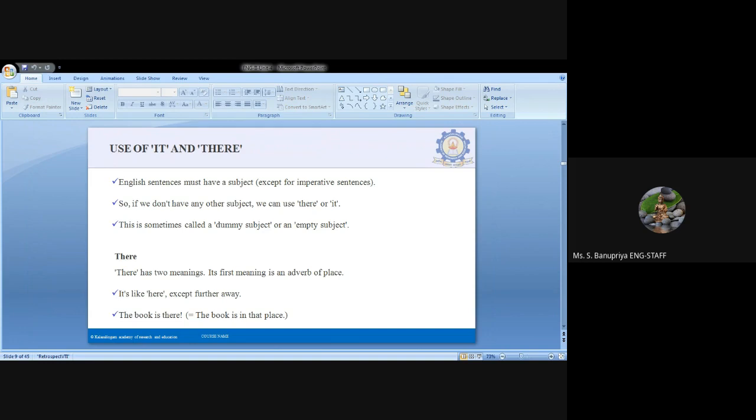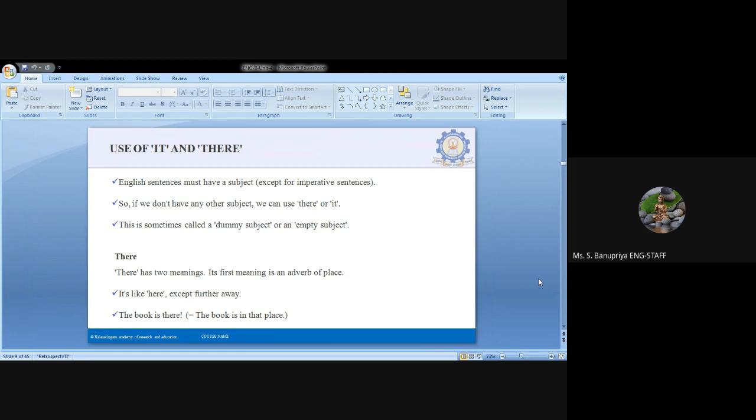English sentences must have a subject except for imperative sentences. You know what imperative sentences are. So, if we don't have any other subject, we can use there or it. This is sometimes called a dummy subject or an empty subject.